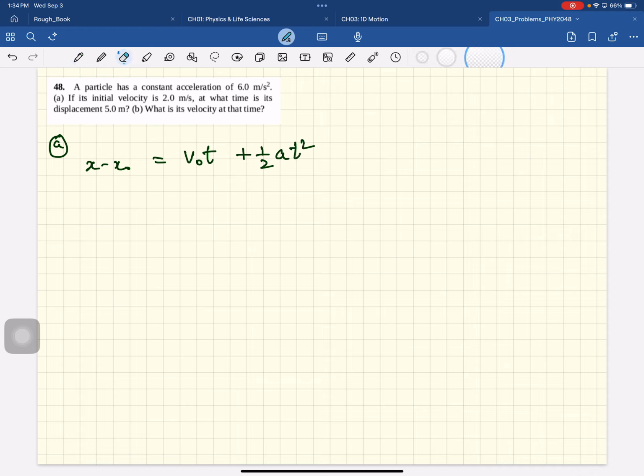They give you the initial velocity is 2 meters per second, and soon I won't write units. You will. I'm not going to write units here. So the displacement is 5 meters.